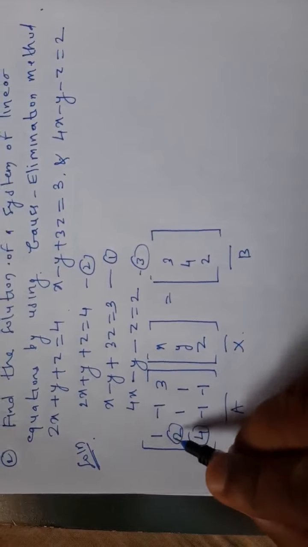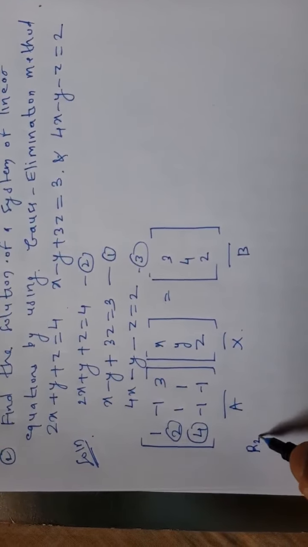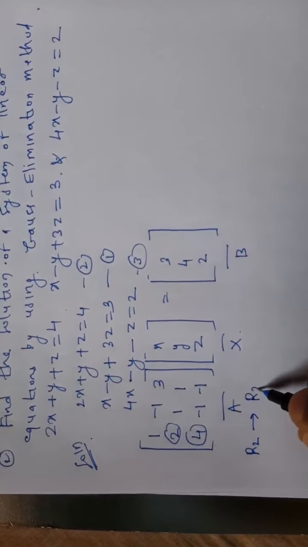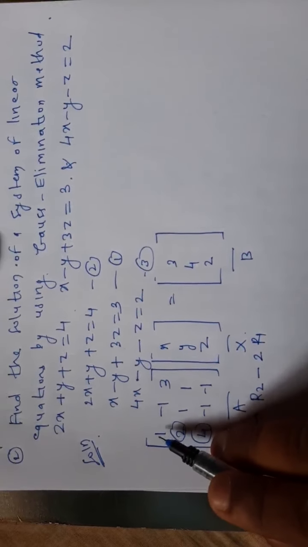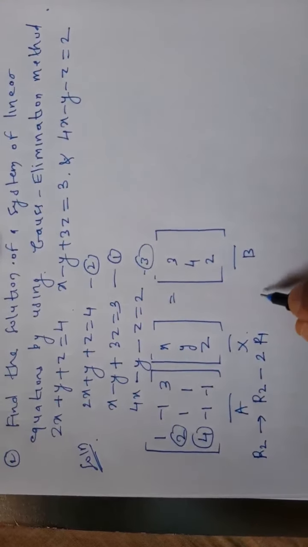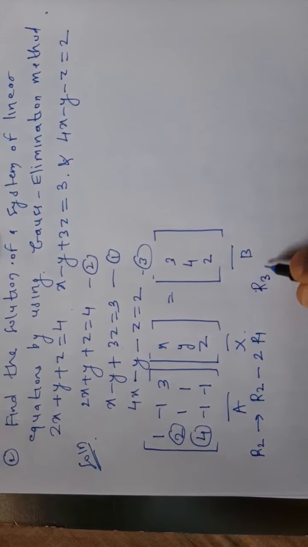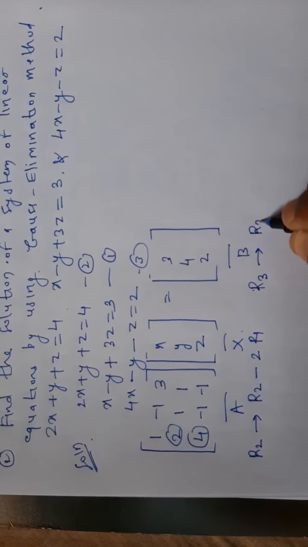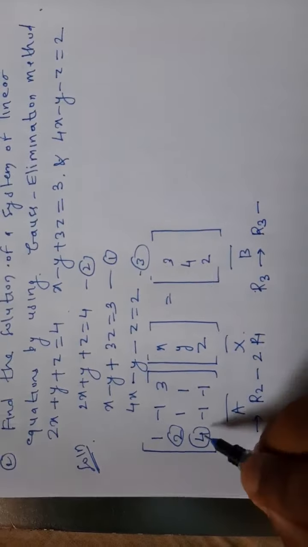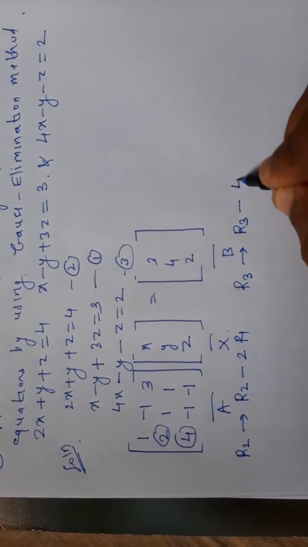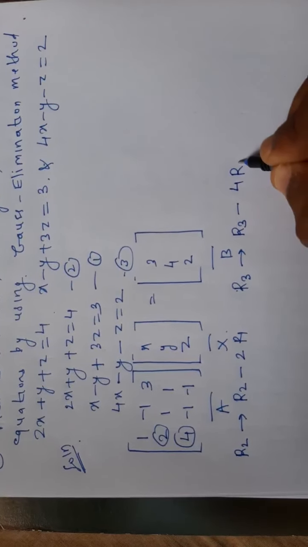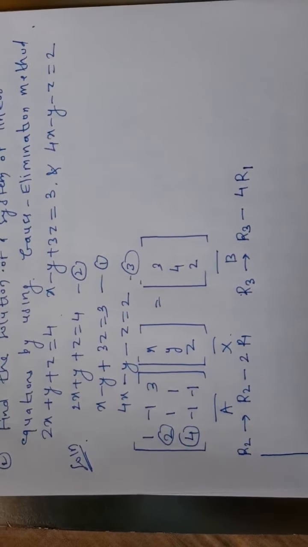So for the second row I will write the formula as R2 is equal to R2 minus 2 times R1, because here we are having 2 and here we are having 1. And R3 is equal to R3 minus 4 R1, because for 1 I will multiply by 4.